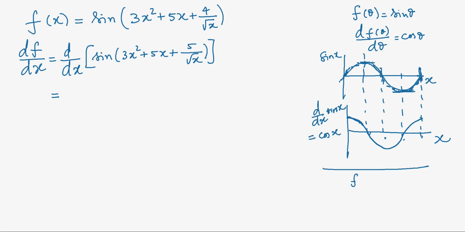If f of theta is given as cosine theta, then we know that the answer df by d theta is minus sine theta. Why is it? If you draw the cosine curve, it has a slope which is 0 here, no slope at all.